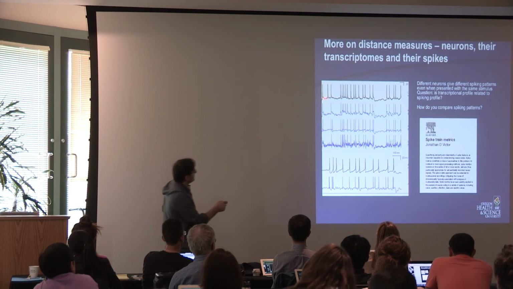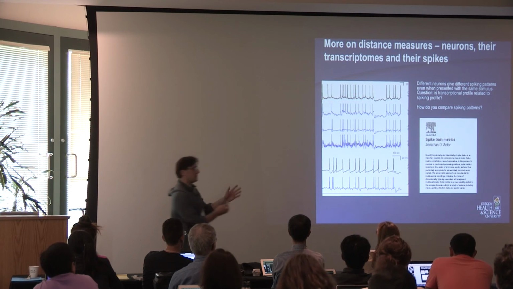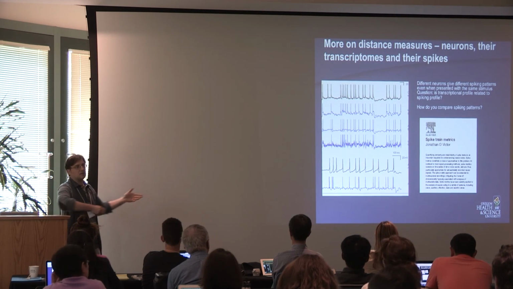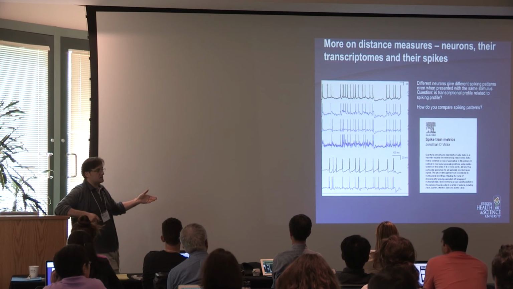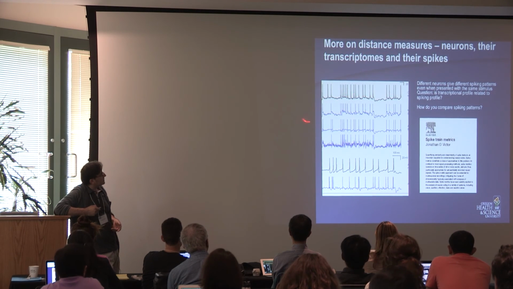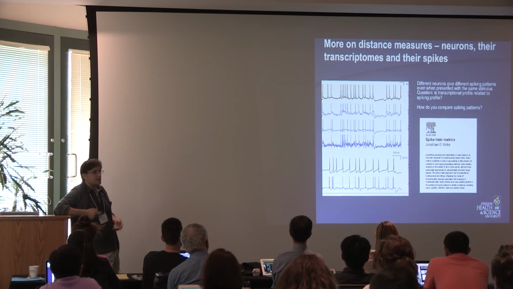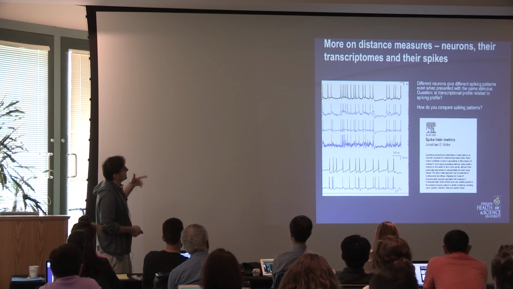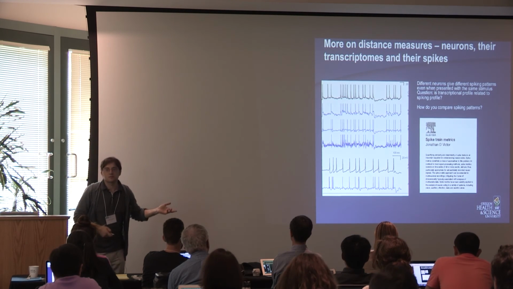And if the timing is different, then I'm going to adjust the times a little bit, and every single step is going to cost me something. At the end of the day, I find the minimum cost that will turn this object into that object, and that's my distance measure. And you can adjust how sensitive you are to timing or how sensitive you are to rate.